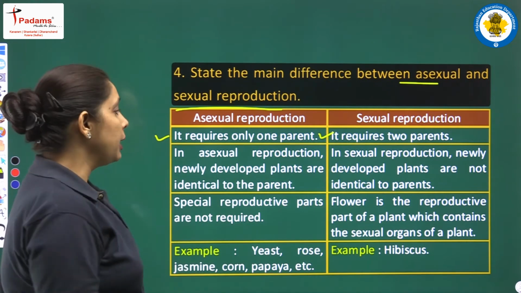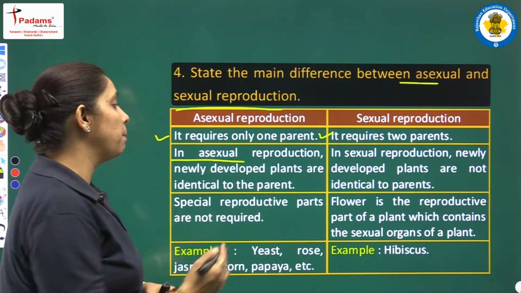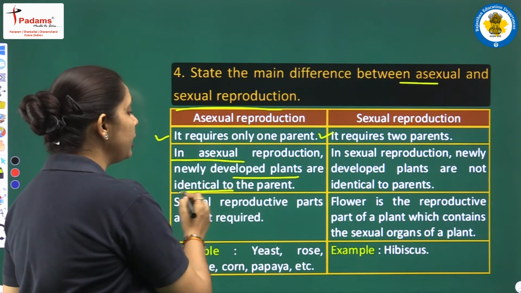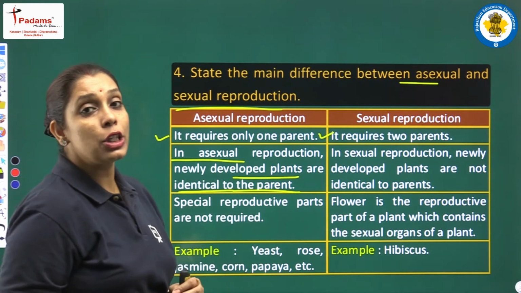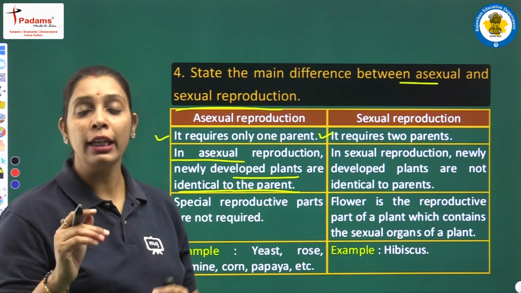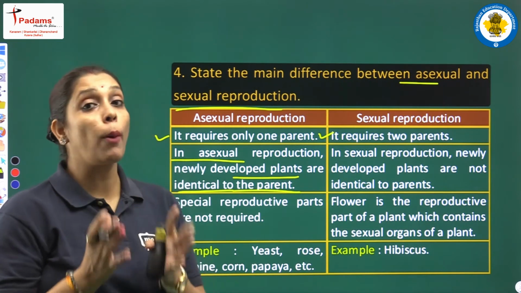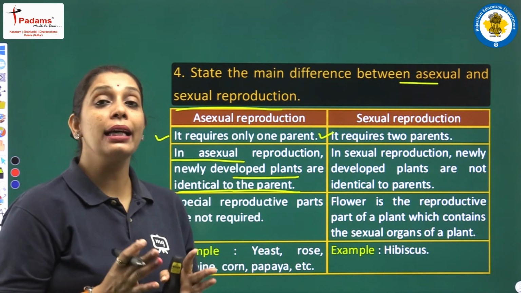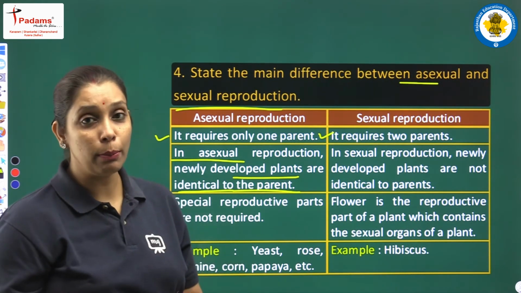Fine. Second one, in asexual reproduction newly developed plants are identical to the parent. ये मैंने आपको बताया था क्योंकि जो asexual reproduction होता है इसमें सिंगल पेरेंट रिक्वायर होता है और जो न्यू डेवलप प्लांट होता है वो अपने पेरेंट प्लांट की कॉपी होता है क्योंकि सारे के सारे कैरेक्टर्स उसमें क्या है? उसी पेरेंट के हैं जिससे वो डेवलप हुआ है.